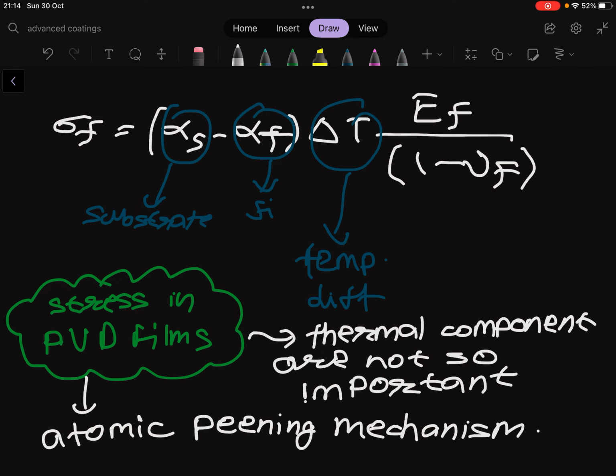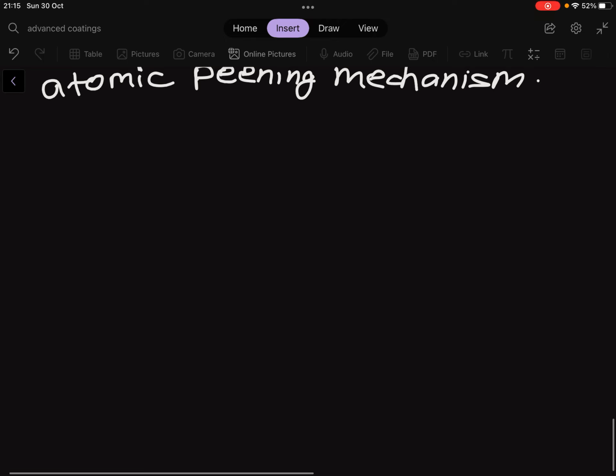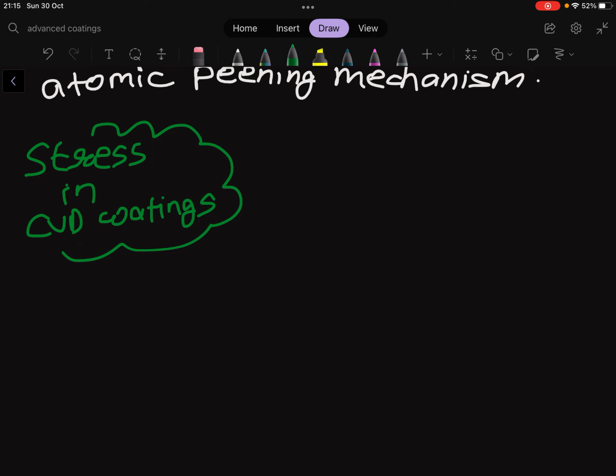Now, if we talk about the stresses in CVD coatings, we know that if we don't exploit plasma assistance, the deposition temperature is quite high, higher than 600 degrees Celsius.